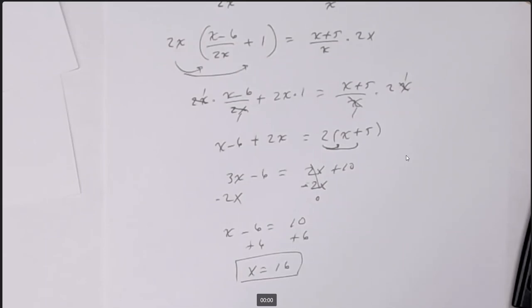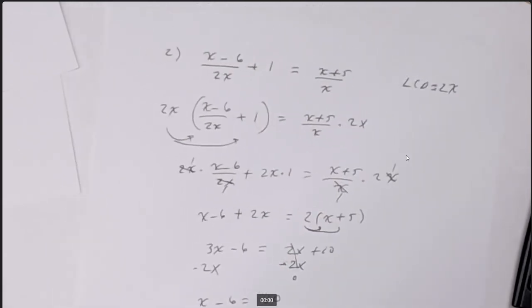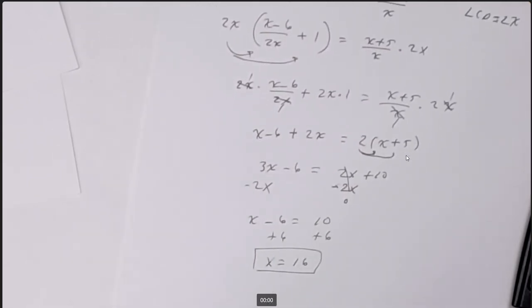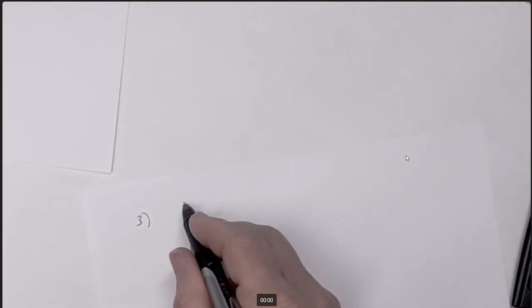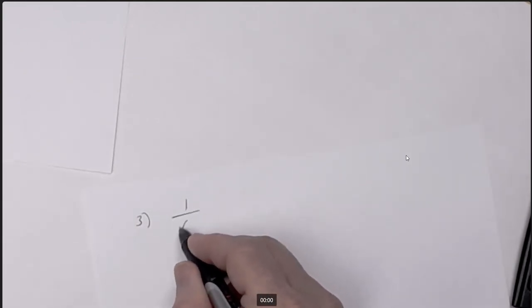Okay, now number 3, you have this. You have 1 divided by x plus 3 plus 7 equals 10 divided by x plus 3.